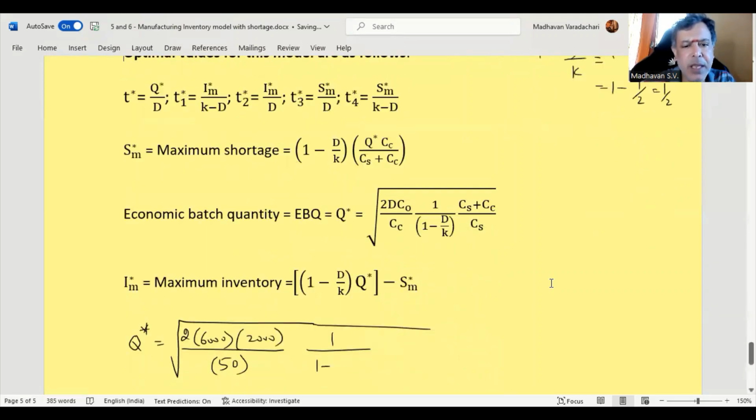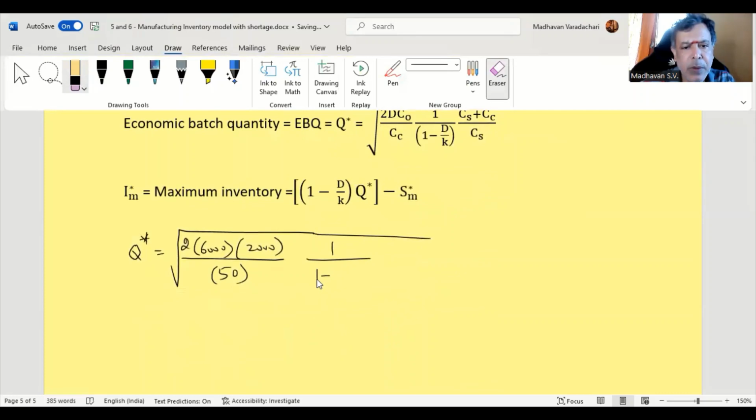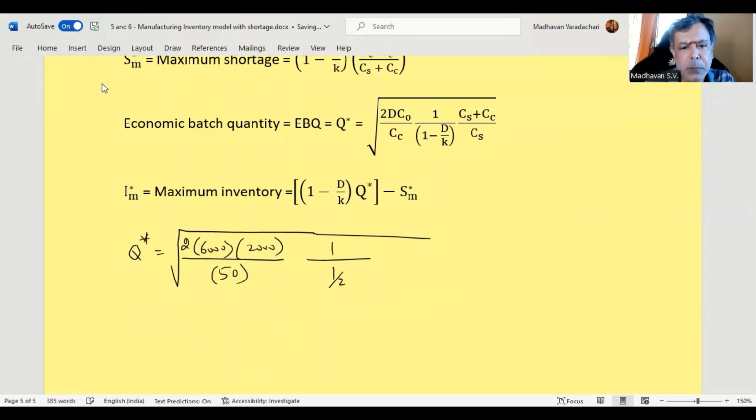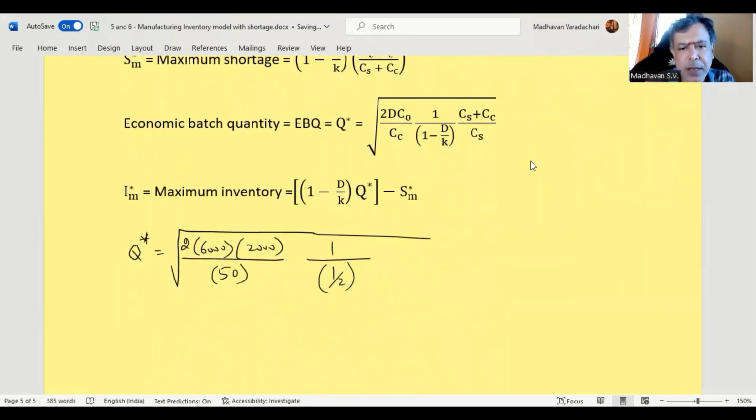Straight away we can substitute that here. So here we have 1 divided by 1 by 2, and then CS. CS is 1,000 plus 50, divided by 1,000. All these things within the square root. Now if we calculate this, we get 1,004 units approximately.